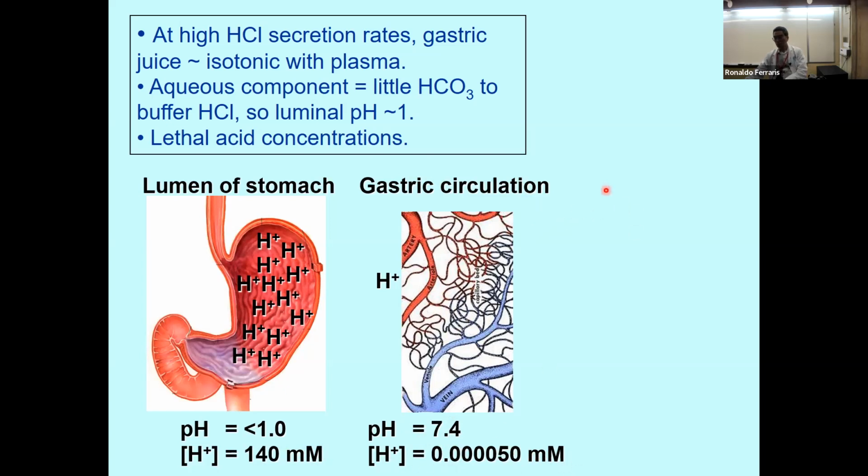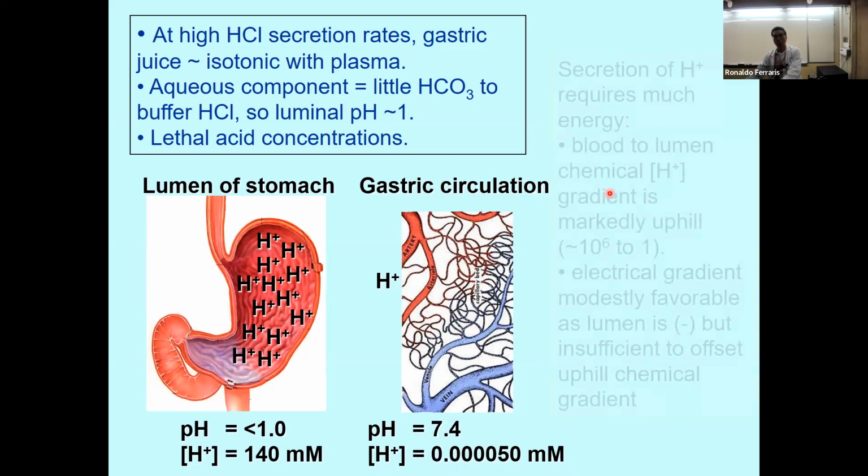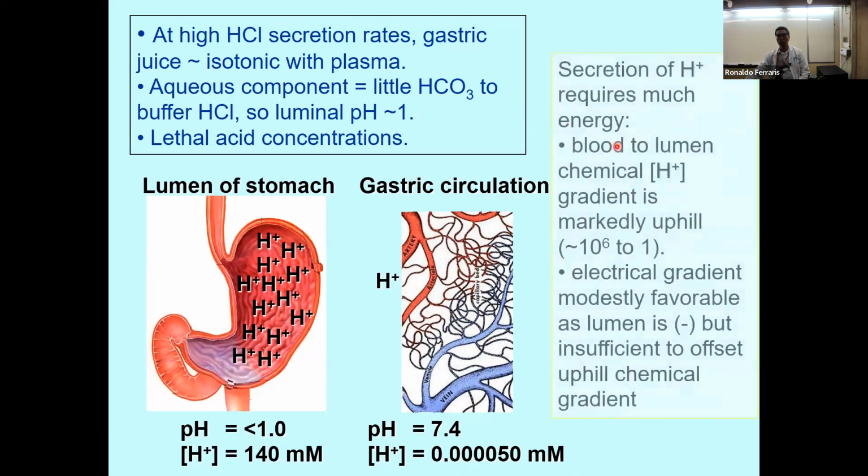So there is an enormous transepithelial chemical gradient from blood side or cytosol side to the lumen side. It's about a 1,000,000 to 1 gradient.